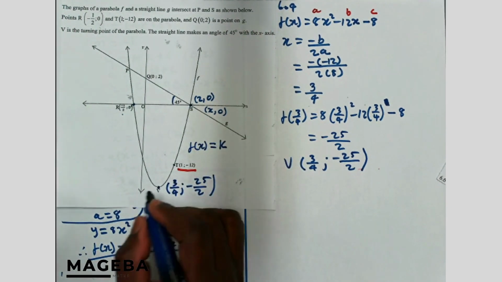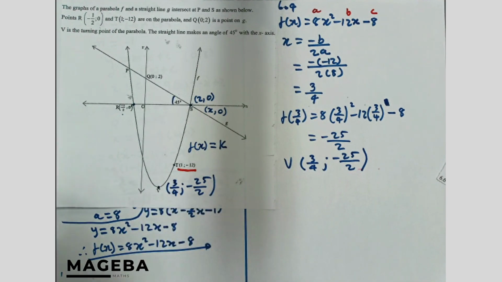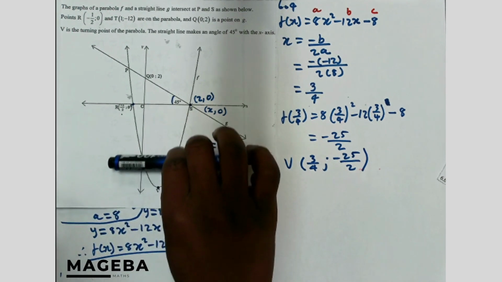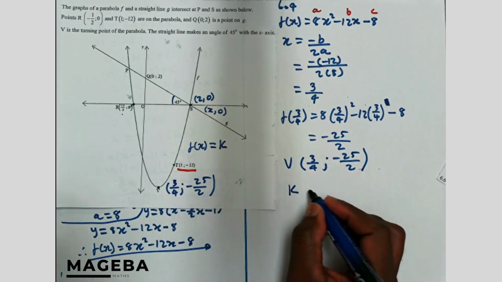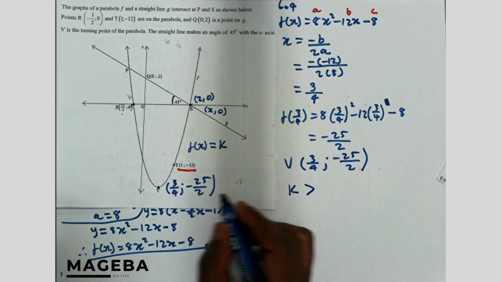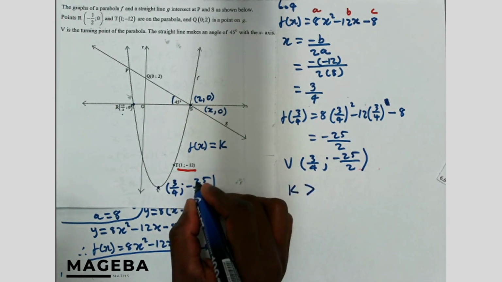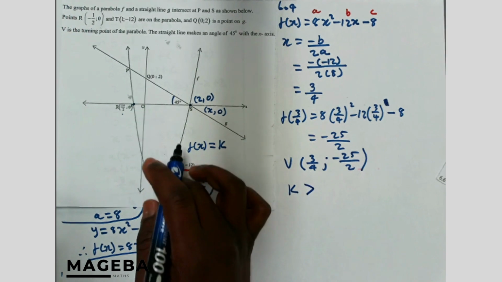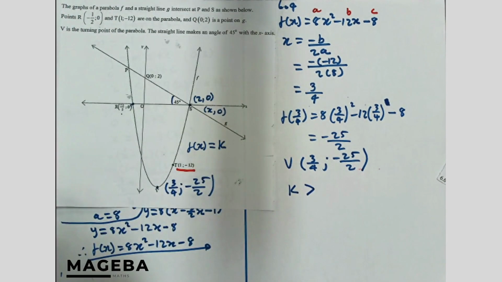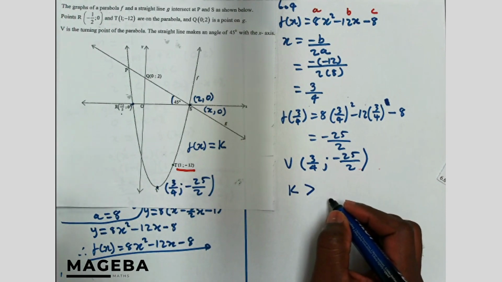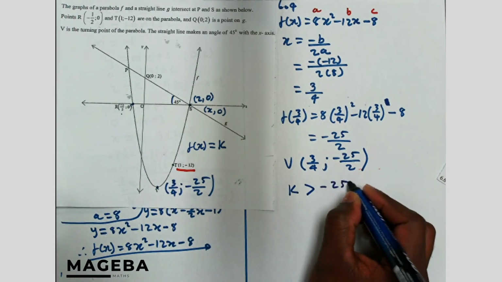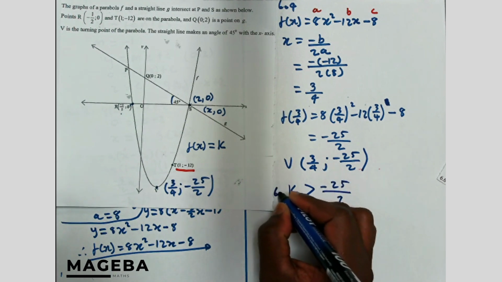How do we find this one? We're going to my y of a turning point, and then they are telling unequal roots. The unequal roots must be on top of our graph. So my k is going to be greater, because negative 25 over 2 is less than the values that I'm going to find up here. That's why my k is greater than the y of the turning point, which is just negative 25 over 2, which is the 6.5.